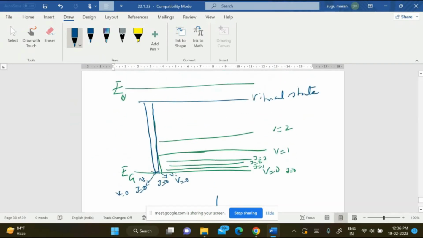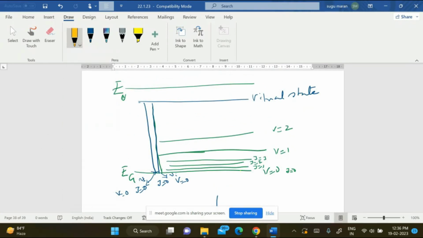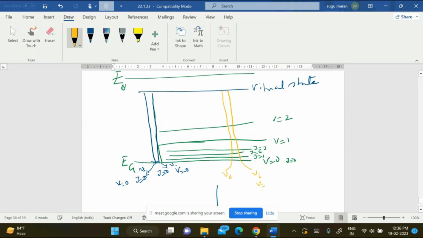If some molecules, say I'll take this one, start from J0, go to the virtual state, and lose energy, the scattered radiation stops here. This is my scattered radiation, this is my incident radiation. This belongs to V0 and J0, and here it is V0 and J is equal to 2. So delta J is equal to plus or minus 2.